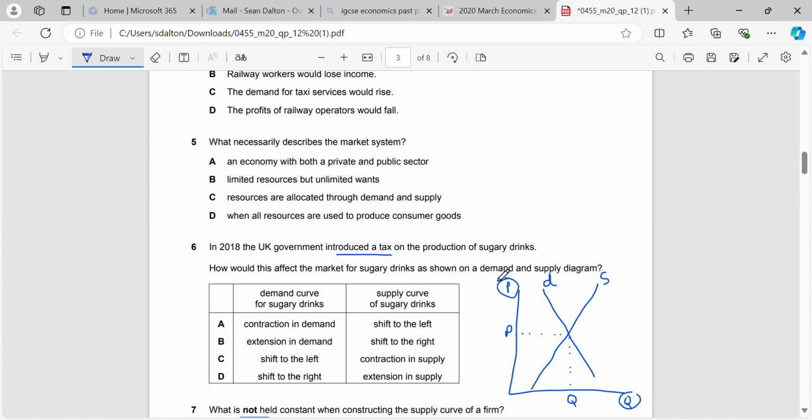That makes the product more expensive and it increases their cost of production, right? So the supply curve is going to shift to the left. It's going to increase the price of the product, which we can see on our curve, and it's going to reduce the quantity.